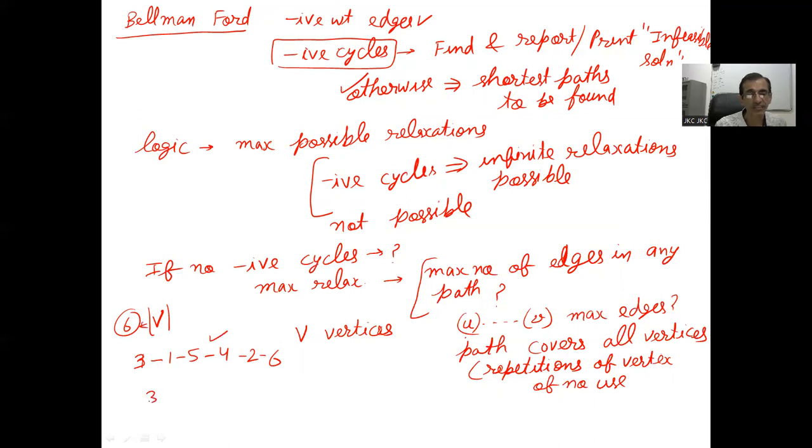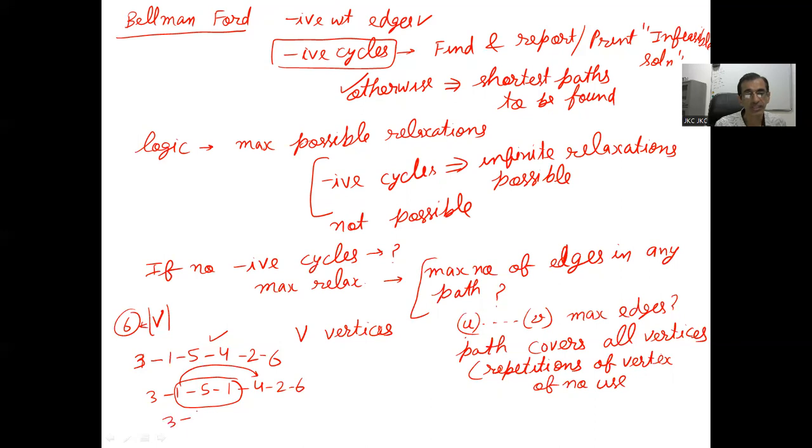Beyond this, if there is some path like 3, 1, 5, 1, 4, 2, 6, it effectively means a cycle, and a cycle means a positive weight. So there is no use to go from 1 to 5 and then to 1. From 1 directly, you could go.